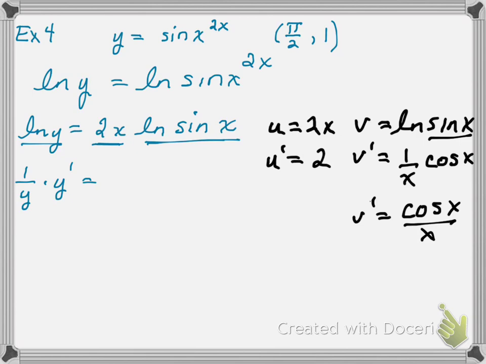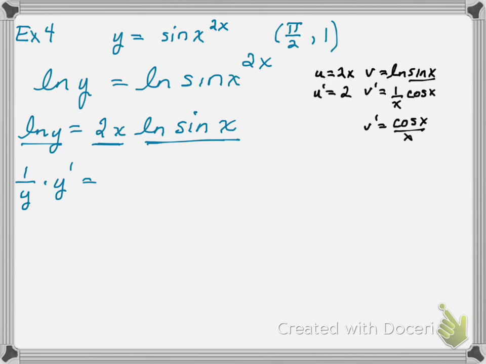Alright, so if I'm going to apply the product rule to this right here, this is my u again, this is my v, so I need to take u prime times v plus v prime times u.